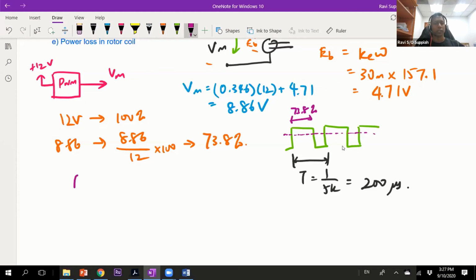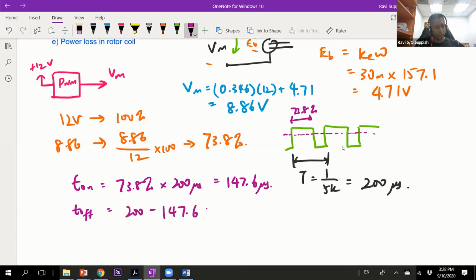So the T on time will be 73.8% of 200 microsecond, which equals 147.6 microsecond. And the T off time is going to be the remaining, 200 minus 147.6, which is 52.4 microsecond. So that will be the T on and T off time for this particular duty cycle that you want to have.